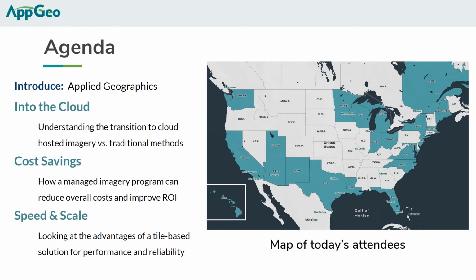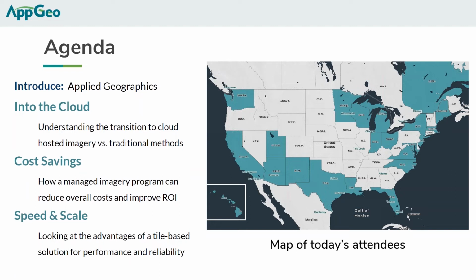So I wanted to first walk through our agenda, and tell you a little bit about AppGeo. Many of you may have heard of us, but for those of you who don't, I'll give you a little background there. Today we're going to be looking at the ongoing transition to cloud-hosted imagery and what that can mean for your organization or for your state.